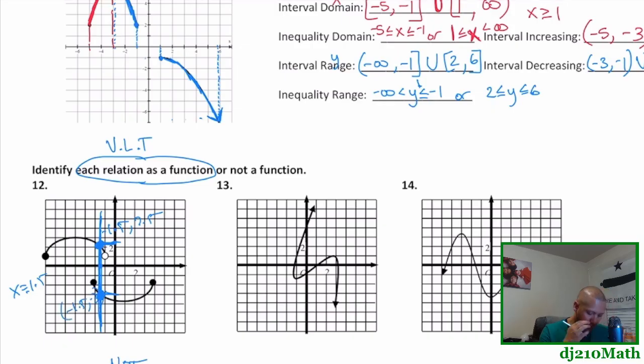So there's two y values for the same x value, twice going to two different y values, not a function. All right, same reason. We need to draw more vertical lines. So not.